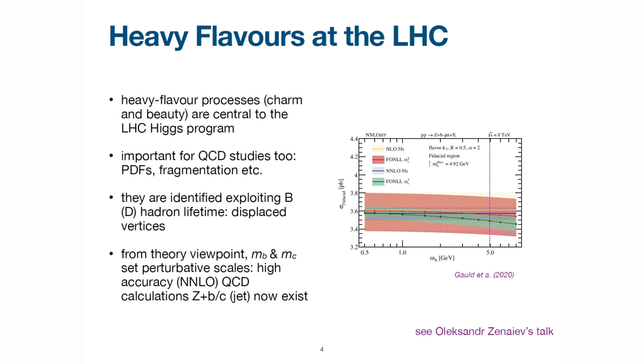From an experimental viewpoint, it's possible to identify them, because one can exploit the lifetime of the B or the D hadron decay, and you really see a displaced vertex in the detector. Nowadays there are much more complicated machine learning techniques to do this type of tagging, but the basic idea is this one. And from the theory viewpoint, m_b and m_c are in the perturbative regime, which means that we can do perturbative calculations for the production of these states.